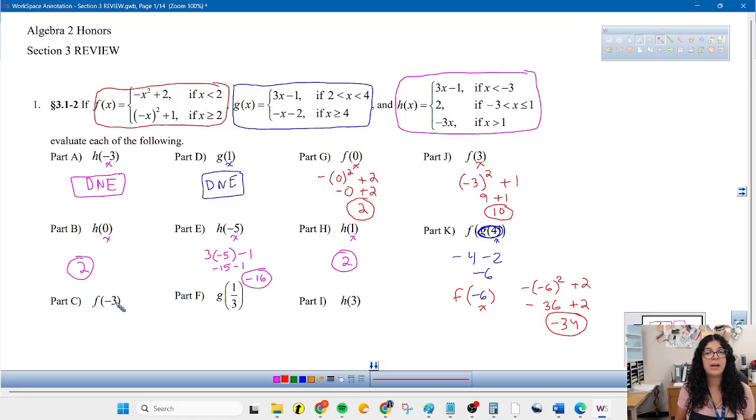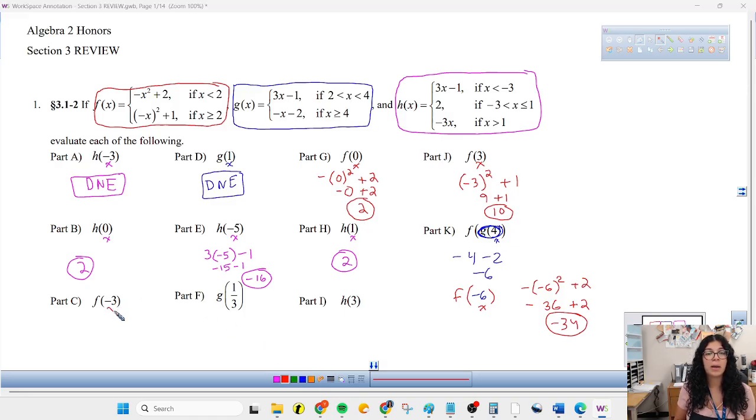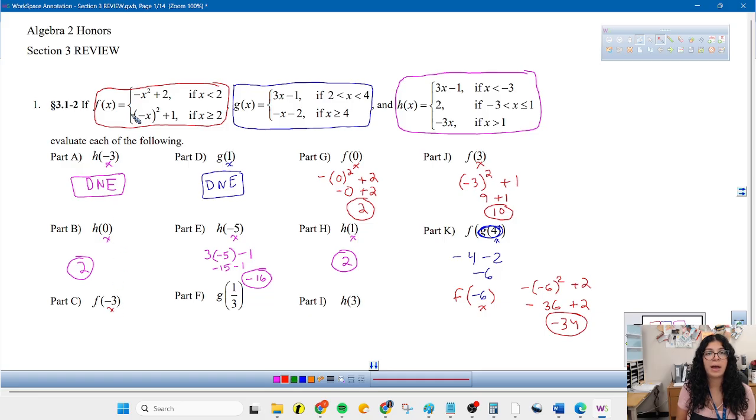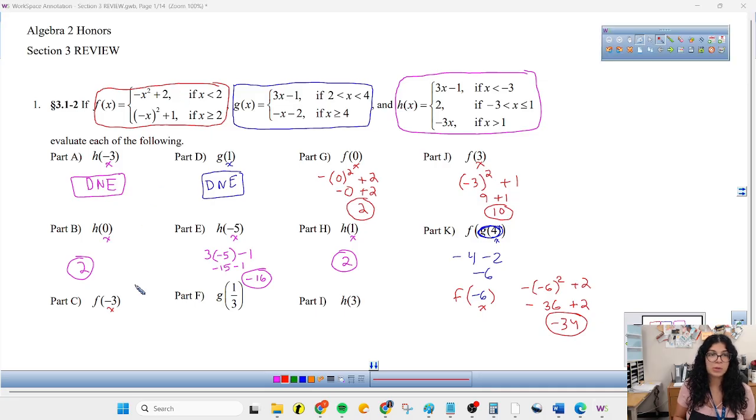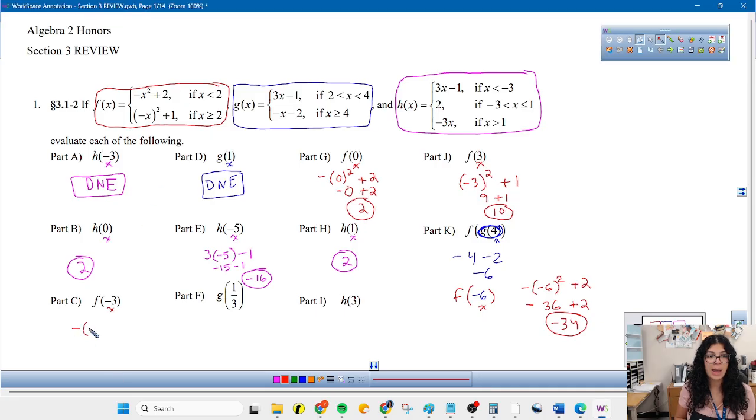Next we have f of negative 3. So we're going to plug in x is negative 3 into the function f. Negative 3 is less than 2, so I'm going to use the first equation on that one. So I'm plugging in negative 3 for x. But that negative outside in front is not in parentheses with the x. You see the difference here?